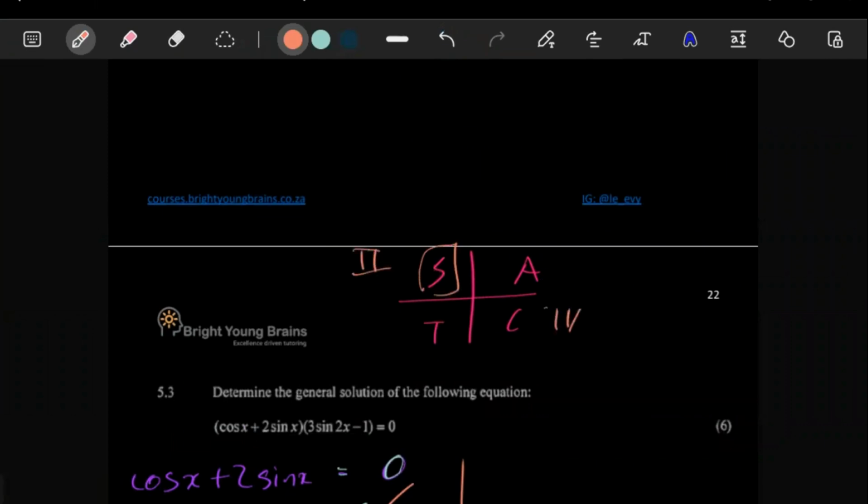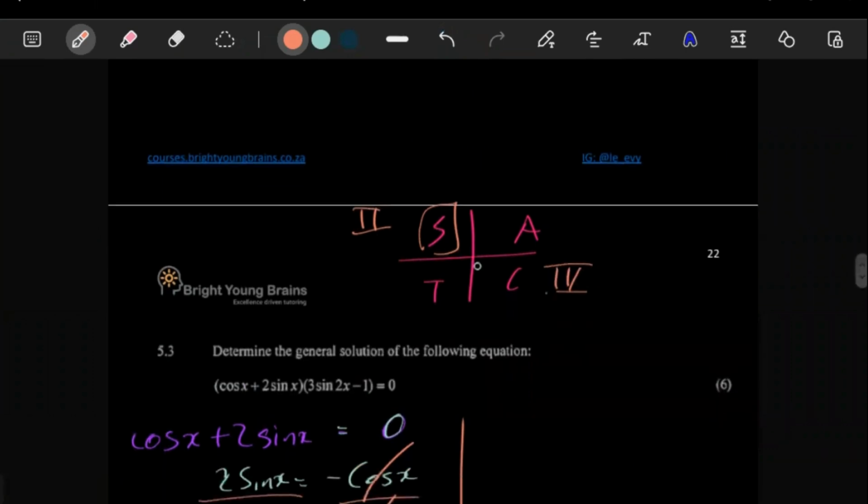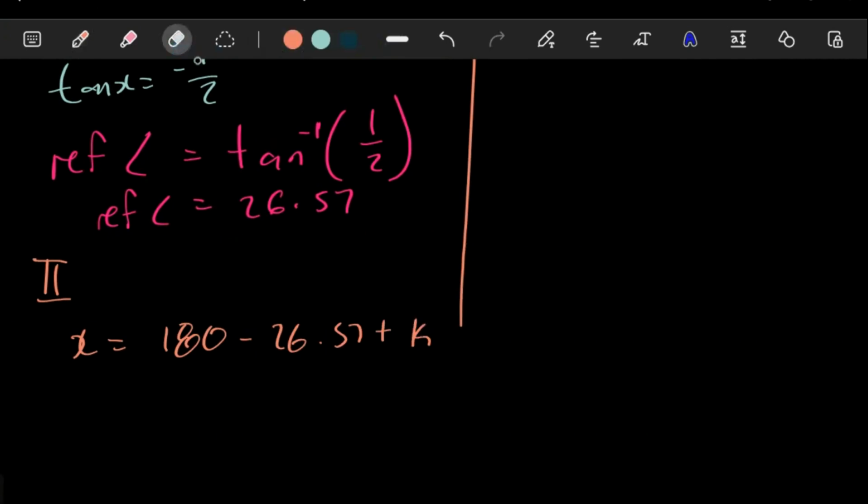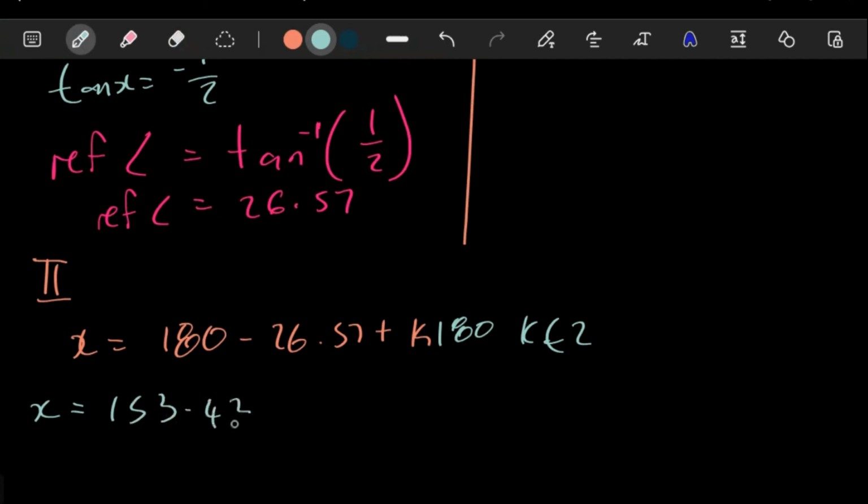Quadrant number 2 is 180 minus the reference angle. So x is equal to 180 degrees minus your reference angle, plus k times 180 because you're dealing with a tan, and k is an element of the integers. So x is equal to 153.43 plus k 180, k an element of integers.